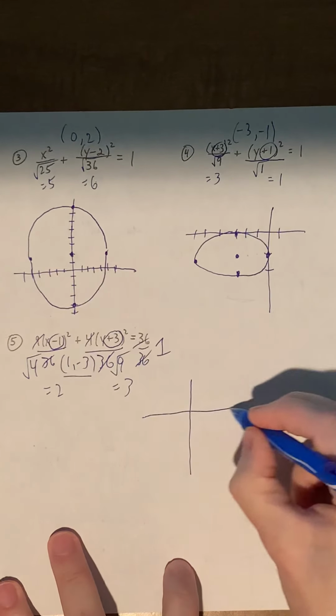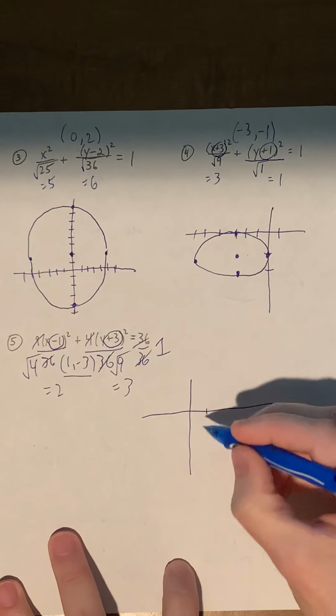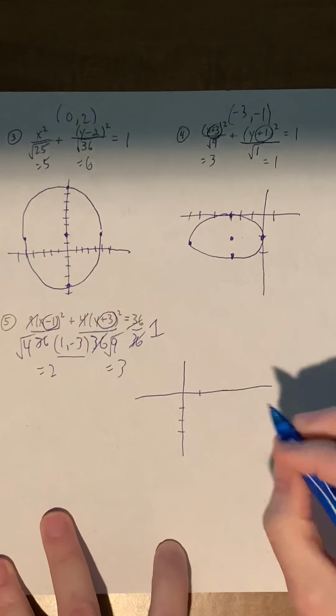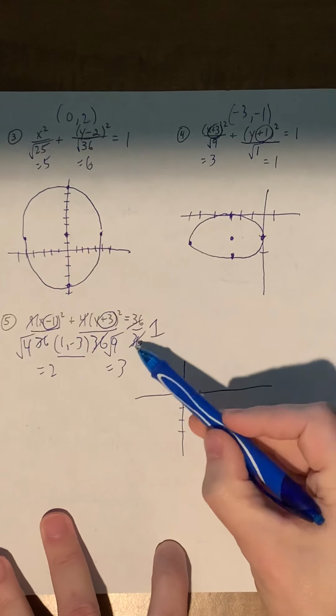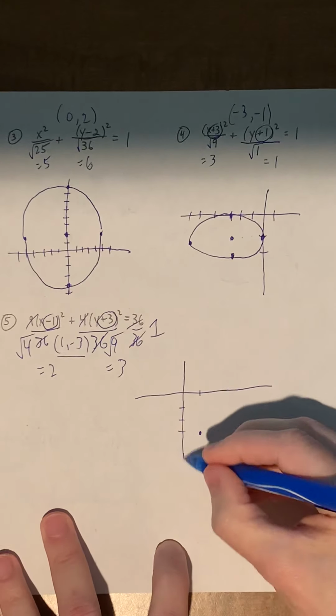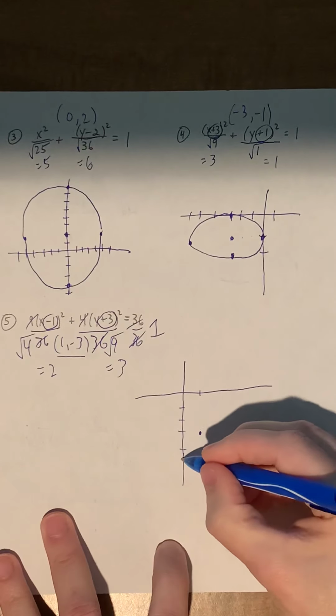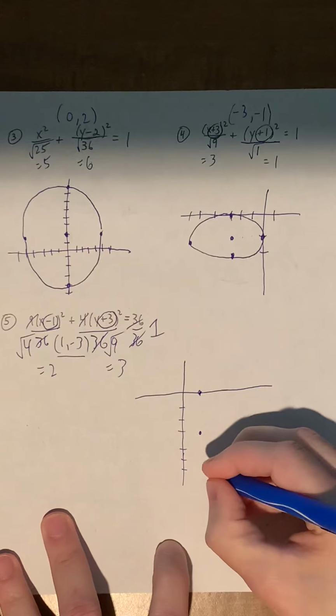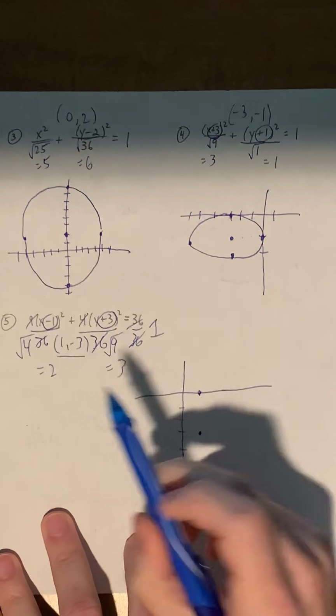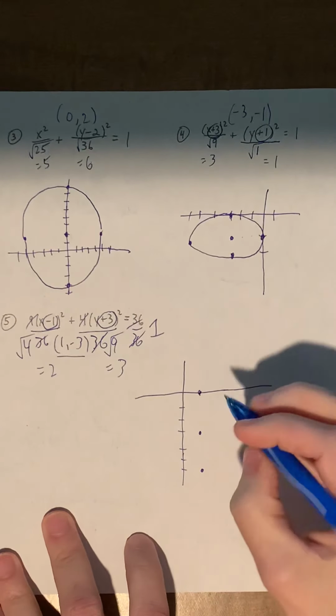So this is quadrant 4. So 1, -3. And we're going up and down 3. So 1, 2, 3. 2, 3. And 2 to the left and the right.